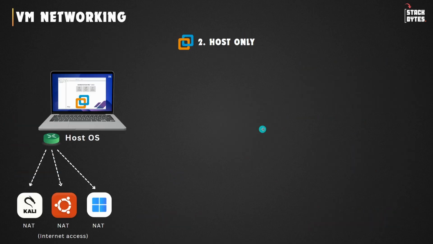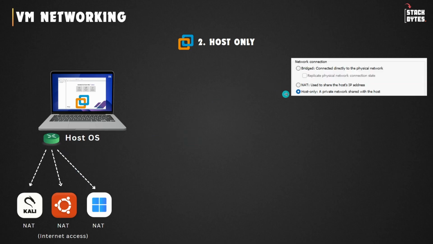All right. Then we have this host only network adapter. Now see, currently the VMs have NAT network selected and they are getting internet directly from the host. But in host only mode, the VMs share a private network with the host.